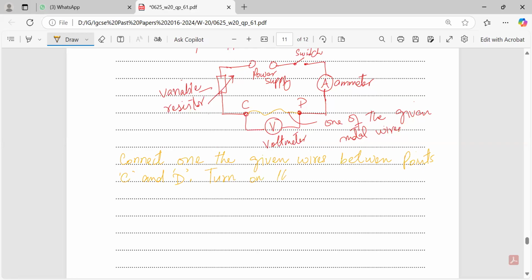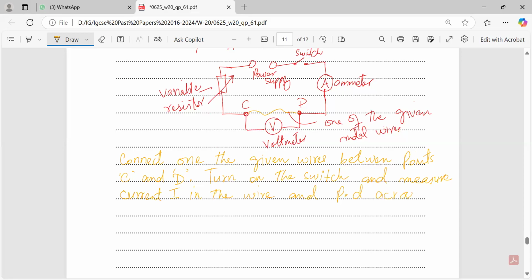Turn on the switch and measure current I in the wire and PD. I'm writing the abbreviation for potential difference.